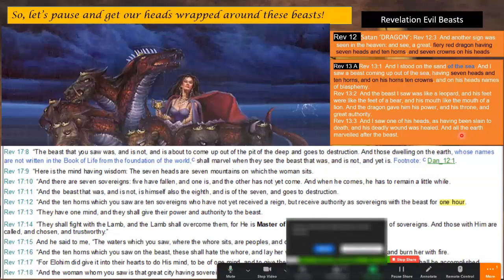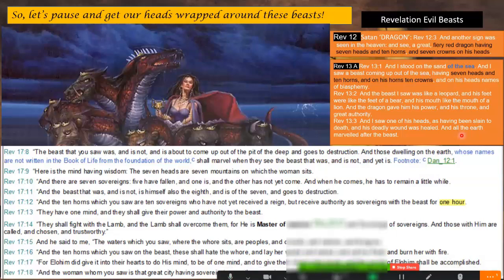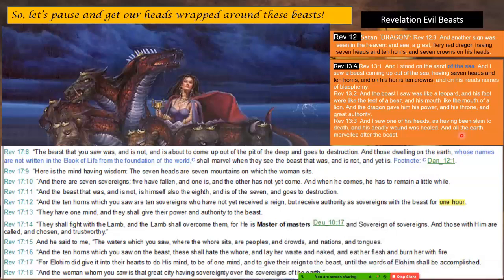So that great city I identify as Jerusalem. We will see more as we proceed. But basically, this eighth beast is most definitely influenced by Esau, red.